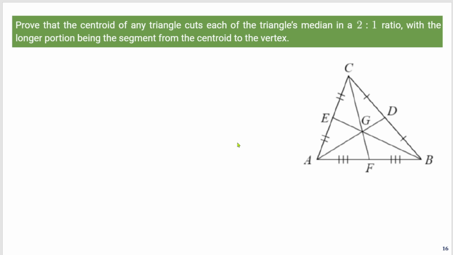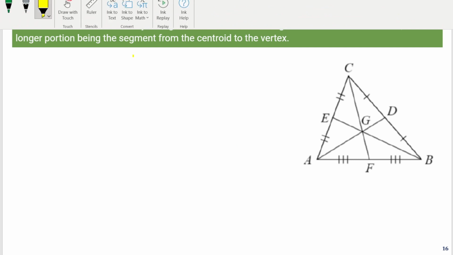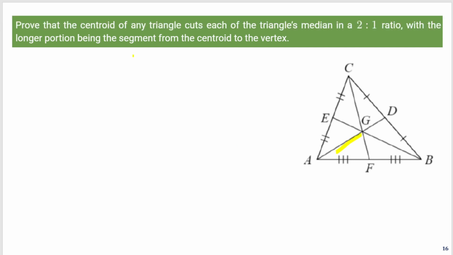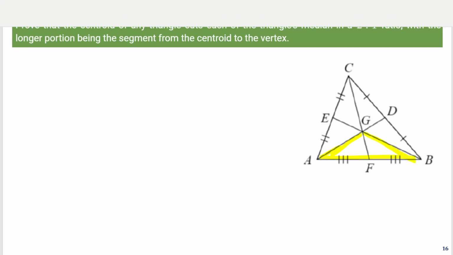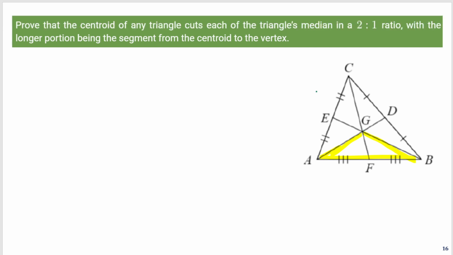Can you see that immediately by using the areas we have illustrated? So if you consider this triangle here and this small triangle here, they share the same altitude from point B, right?